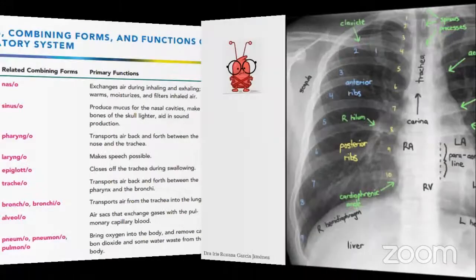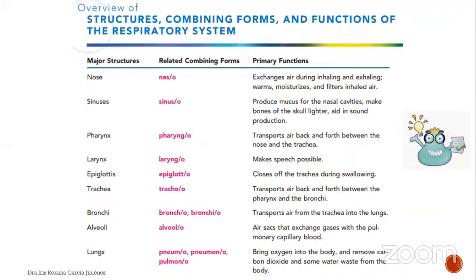And now I have the chart we are used to do, the overview of structures, combining forms and functions of the respiratory system. Checking again the mentioned structures, and it's for you to start studying the related combining forms and primary functions.